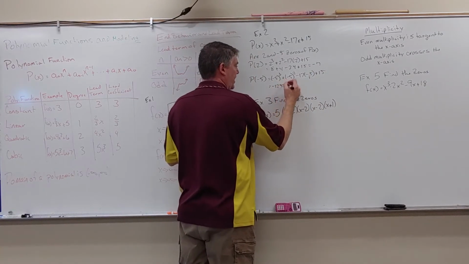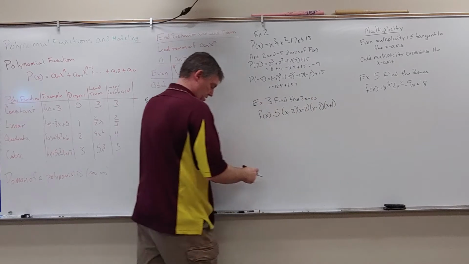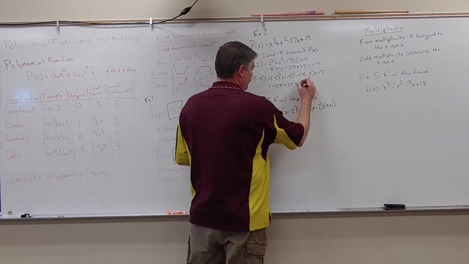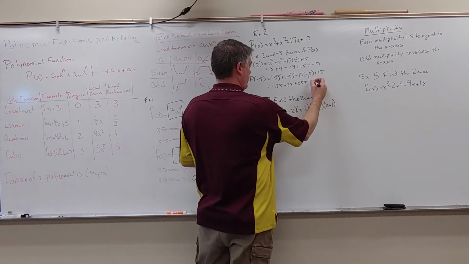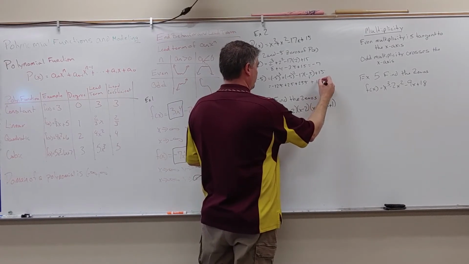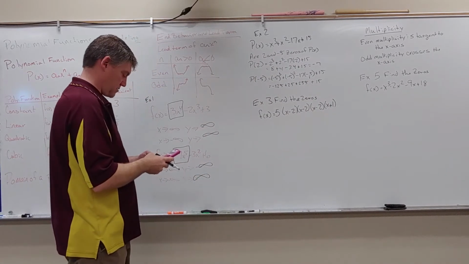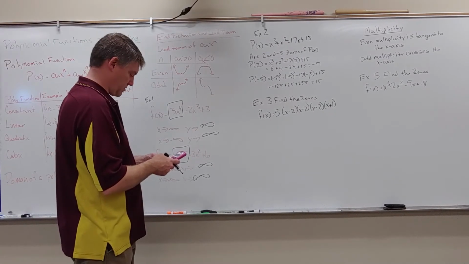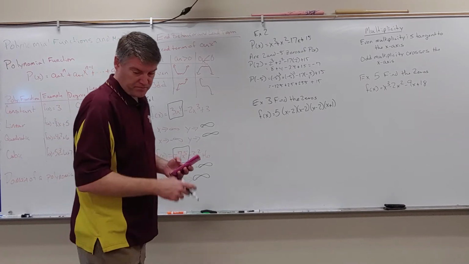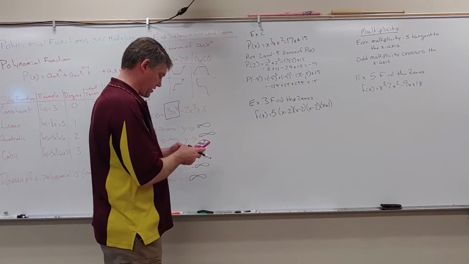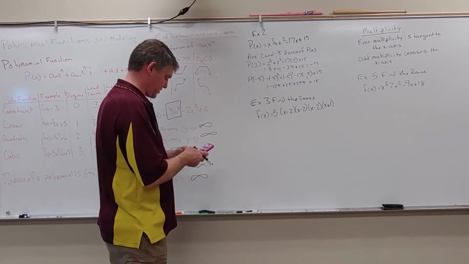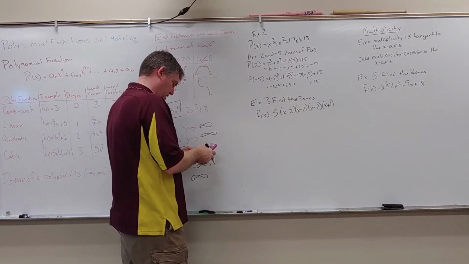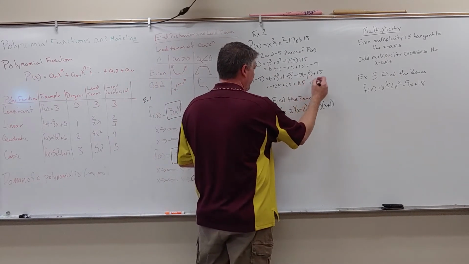So this gives me negative 125 plus 25 plus 85 plus 15. Oh, I did 17 times 15, and it's not 17 times 15. 17 times 5 is 85, which gives me 0.